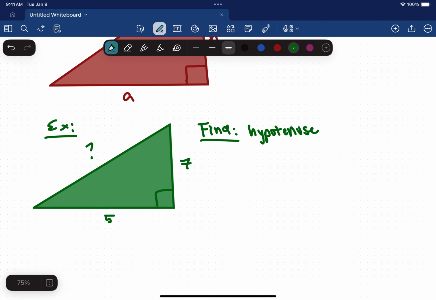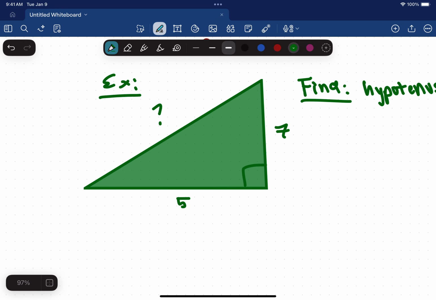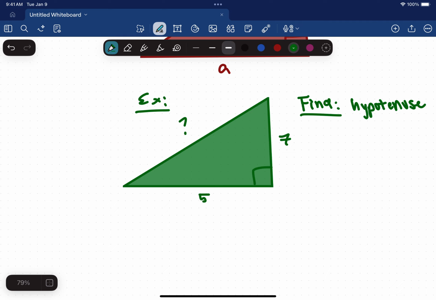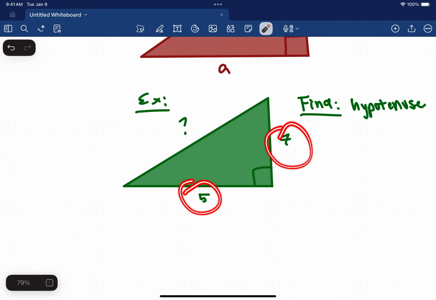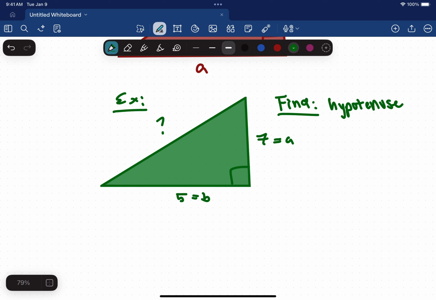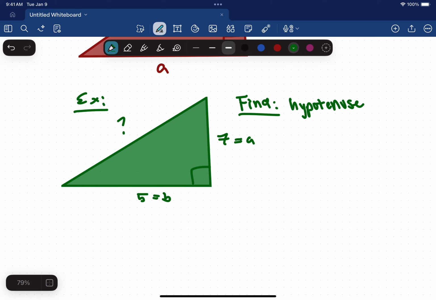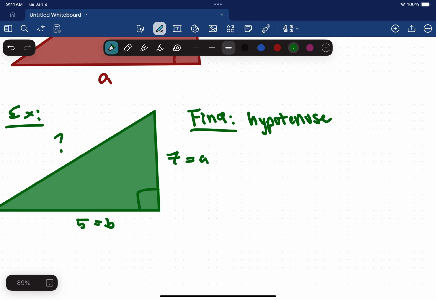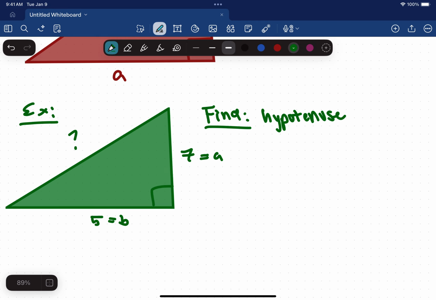To do that, we will label these numbers as such. 5 could equal A, 7 could equal B, or 5 could equal B, 7 could equal A. It doesn't really matter. It will still have the same product. So, let's just say we'll go with this, right?